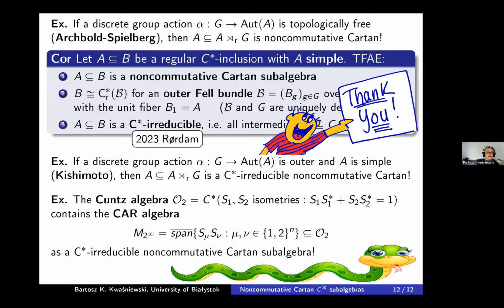So for graph C*-algebras, this core subalgebra will be a Cartan subalgebra of the graph C*-algebra if and only if the graph satisfies condition L, that every loop has no exit or entry.